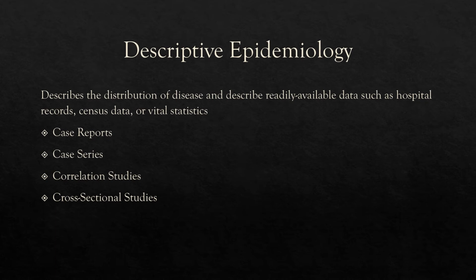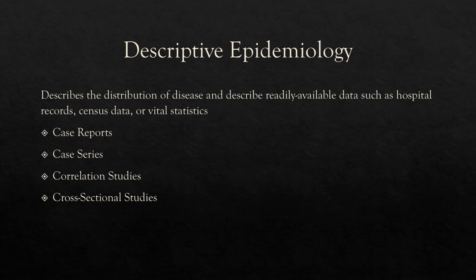So descriptive epidemiology is the way that we describe the distribution of diseases, and these types of reports and studies typically are based on, but also are analyses of, readily available data.